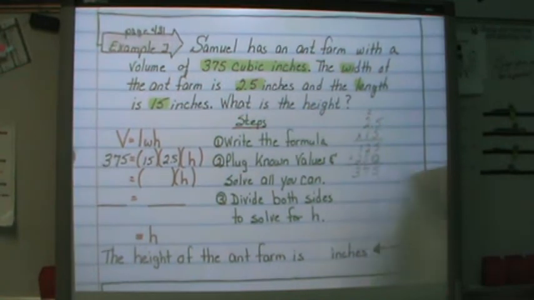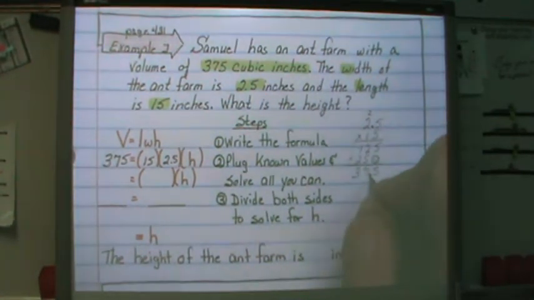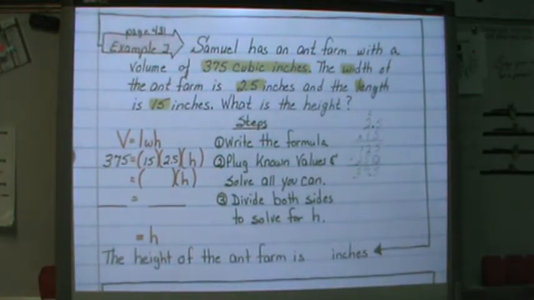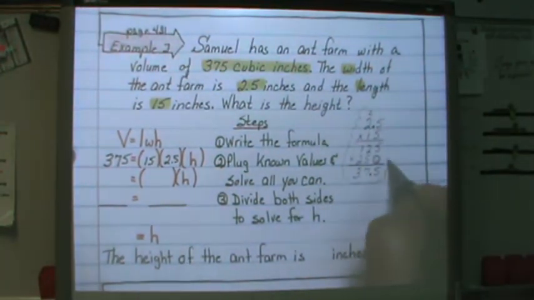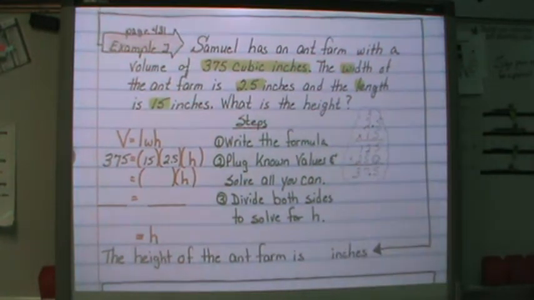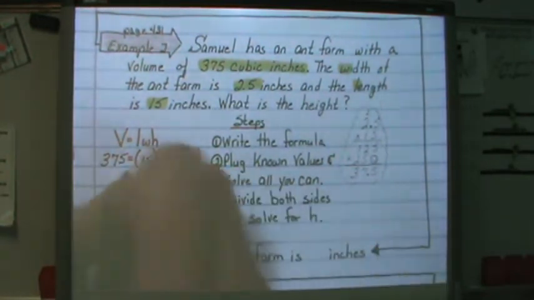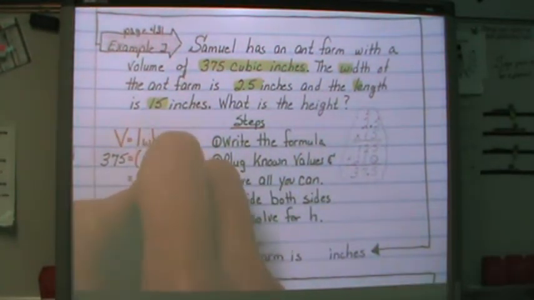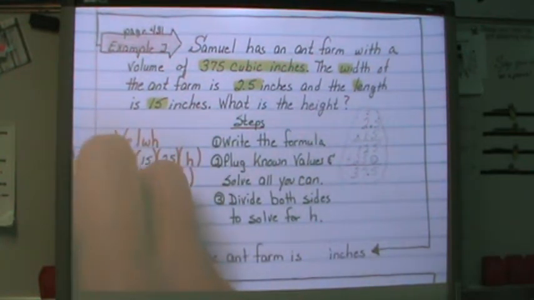I ended up with 375, but what do I need to put back in there? My decimal. It's one place value. So it's actually 37 and 5/10, or you can say 37.5, doesn't matter. And you bring everything else down.